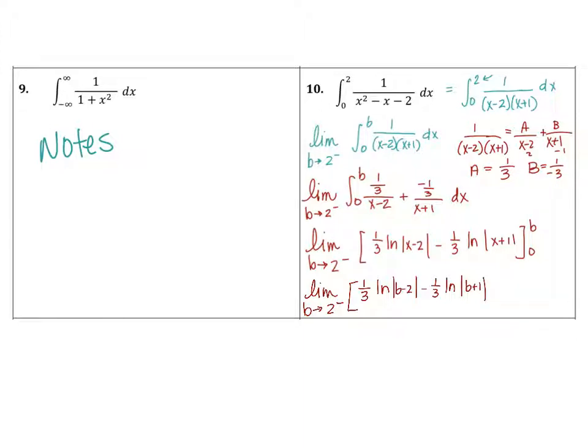And then all of that's going to be minus, and let's plug in a 0, and plugging in that 0, let's see what we're going to get. You're going to have 1/3 natural log 2, and then minus 1/3 natural log of 1.